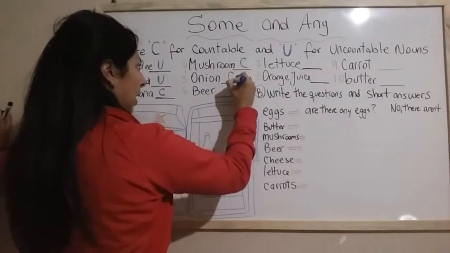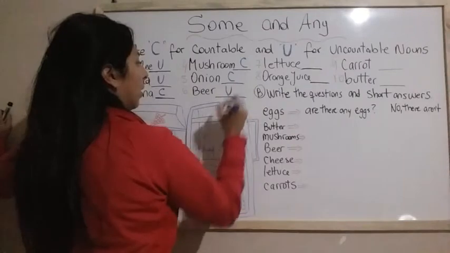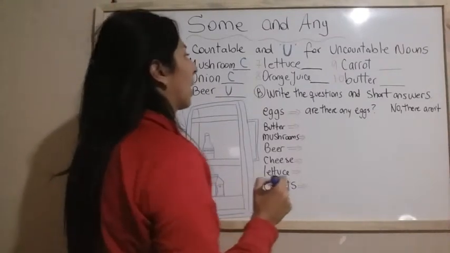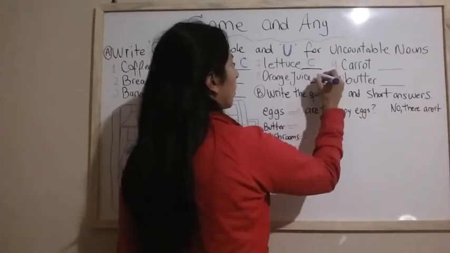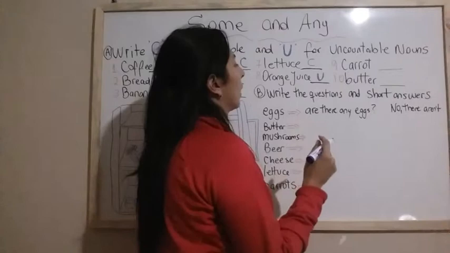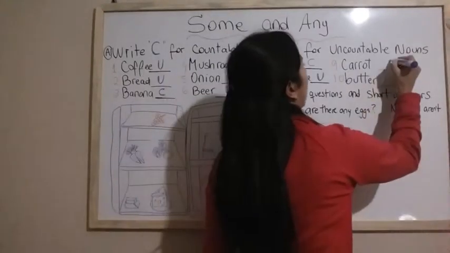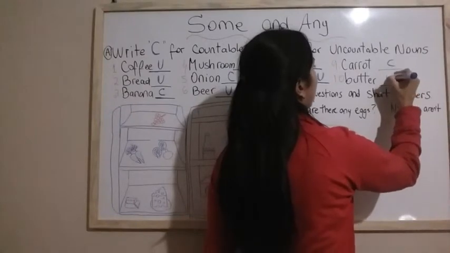Onion is a countable noun. Beer, la cerveza, is an uncountable noun. Lettuce is a countable noun. Orange juice is an uncountable noun because it is a liquid. Carrot is a countable noun and butter is an uncountable noun.